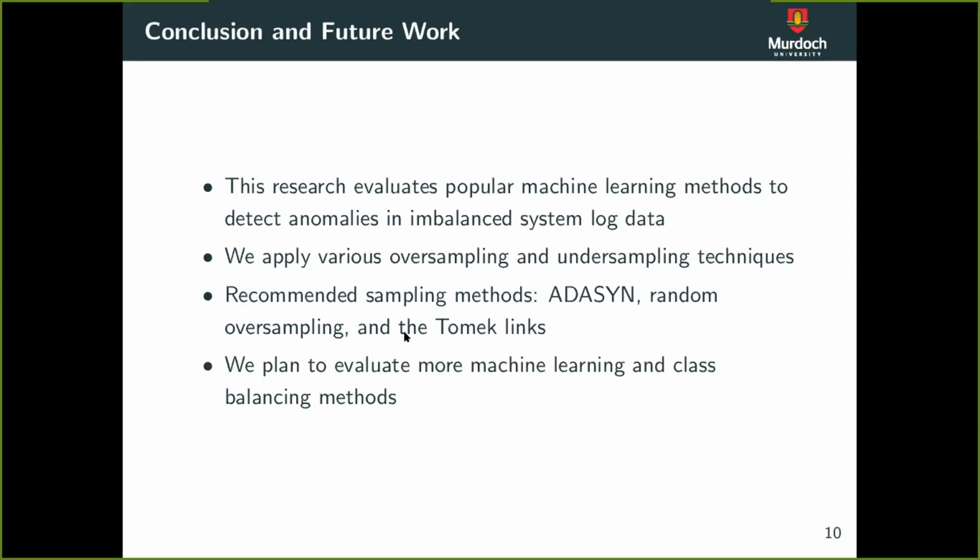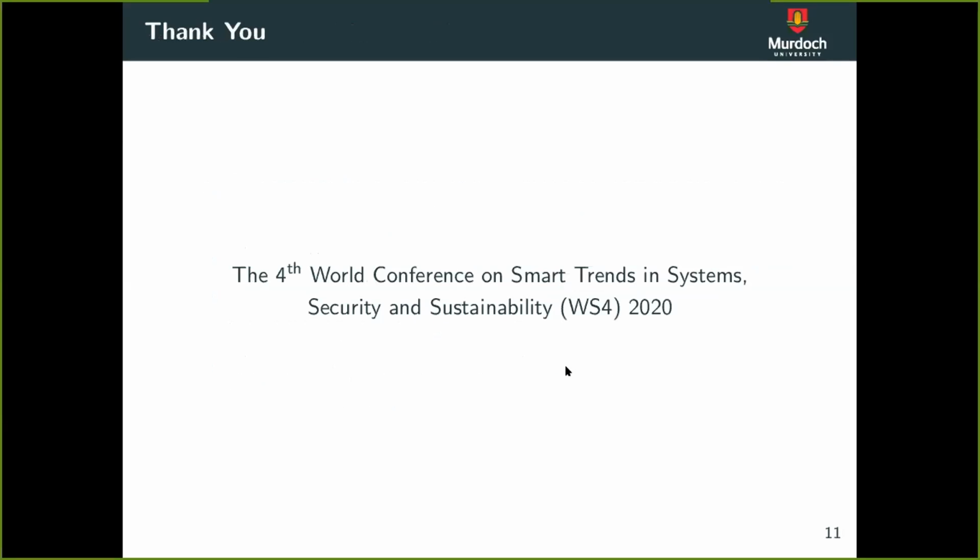And for undersampling, Tomek links is also quite good to address the imbalanced data of system logs. For the future, we plan to evaluate more machine learning methods and class balancing methods. Thank you.